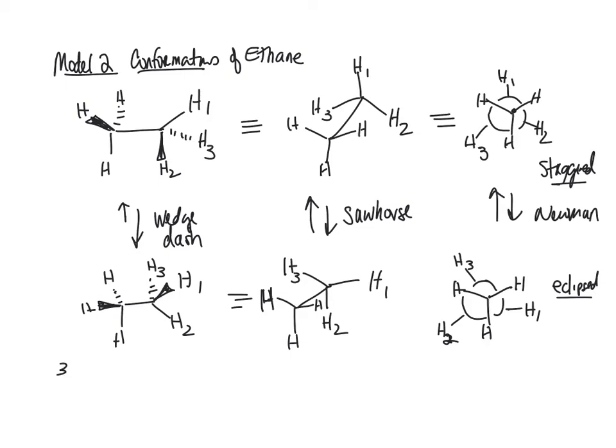Okay, now question 3. In the wedge dash representations of ethane, how are the hydrogens drawn to show their spatial orientation? Okay, so this line drawing is in the plane of the paper. Okay, so it's in the plane. And then the wedges are coming out of the plane.